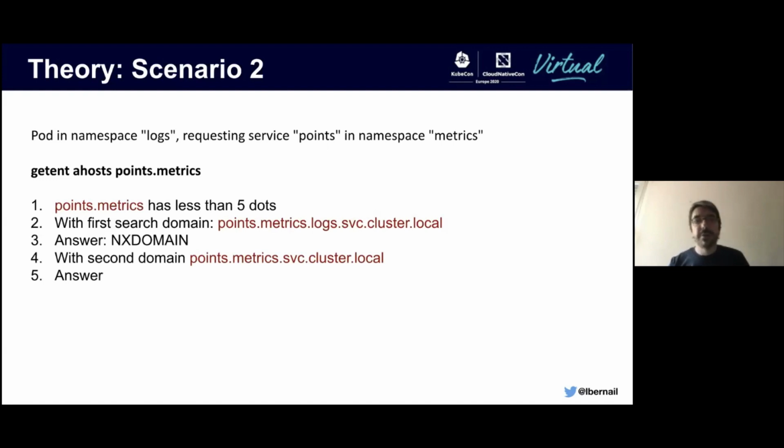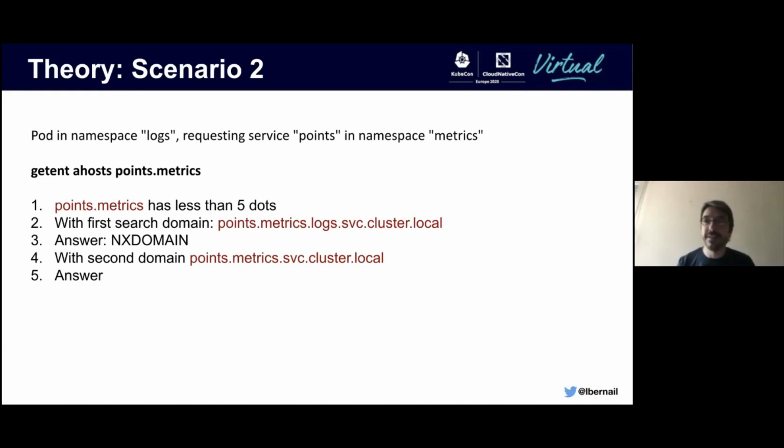In theory, also, if you're a pod in the logs namespace this time, accessing service points in another namespace, metrics, then of course you need to specify the namespace the service you're looking for is located in. Here, you're looking for points.metrics. Once again, points.metrics has less than 5 dots. And we're going to try with the first search domain.